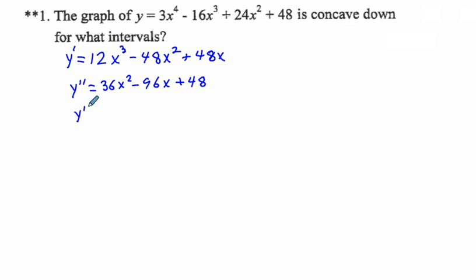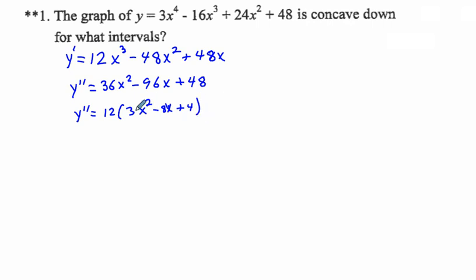So y double prime is equal to 12 times 3x squared, and 96 divided by 12 is going to be 8, I believe. Is that right? Yes. So minus 8x. And then 48 divided by 12 is going to be 4.